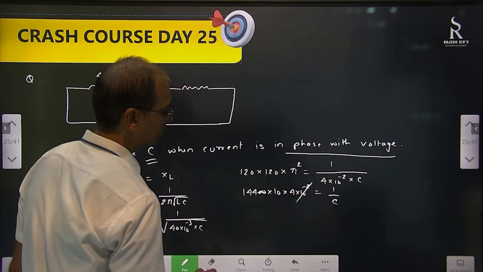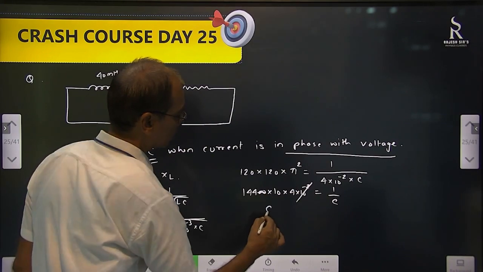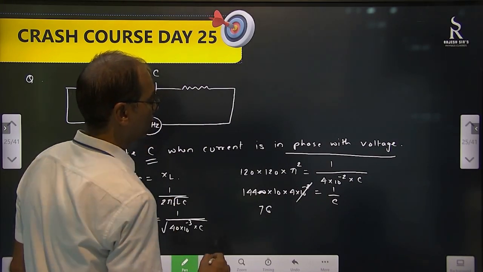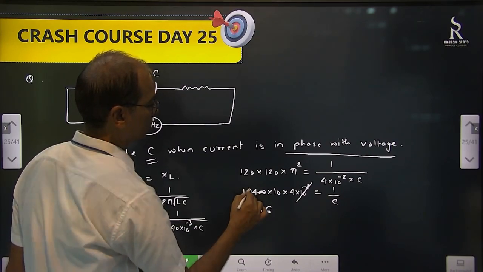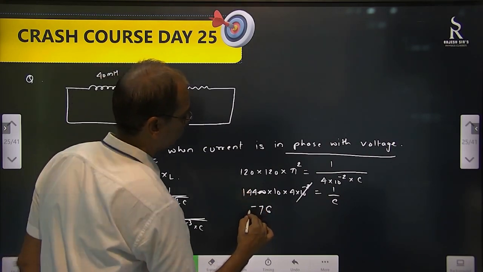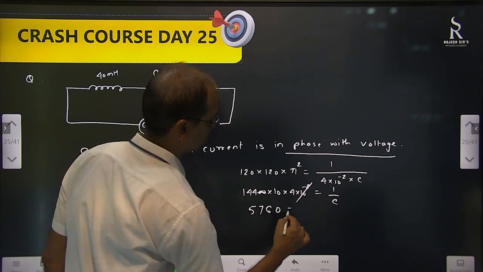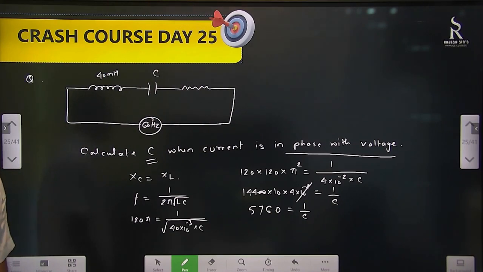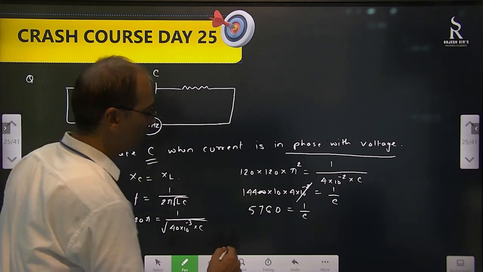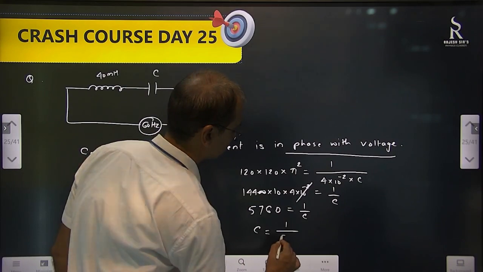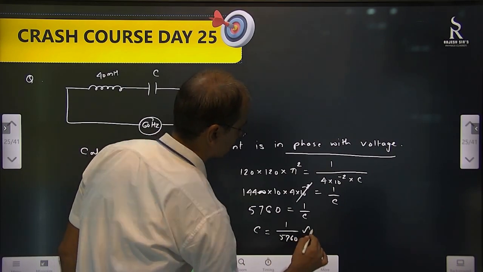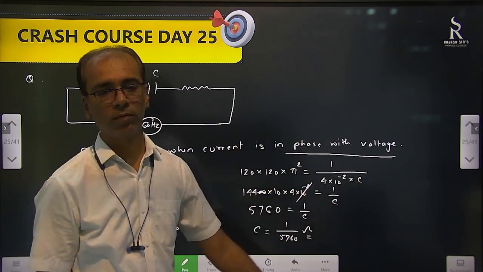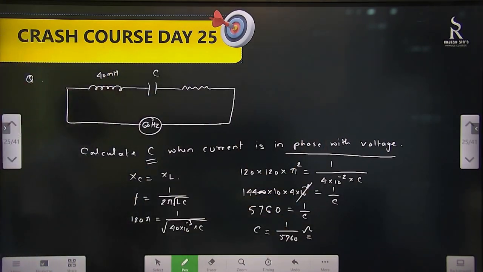So what we have is 5760 equal to 1 by C. So C equals 1 by 5760. That's it. Whenever he says current and supply voltage are in the same phase, that means he's talking about resonance.